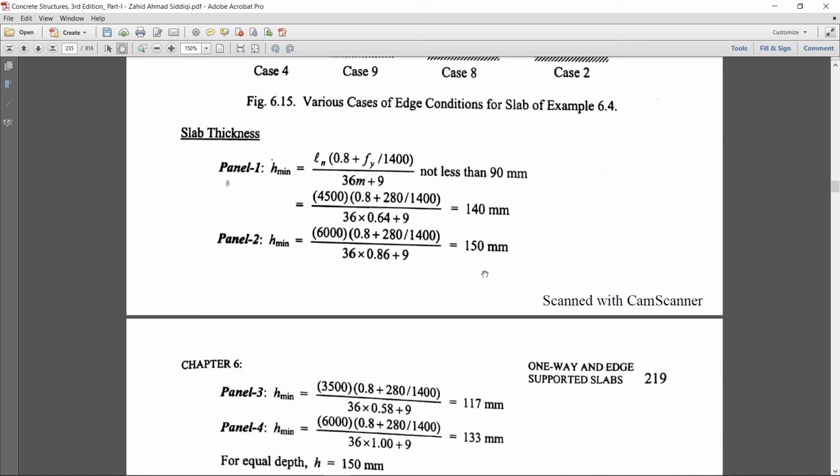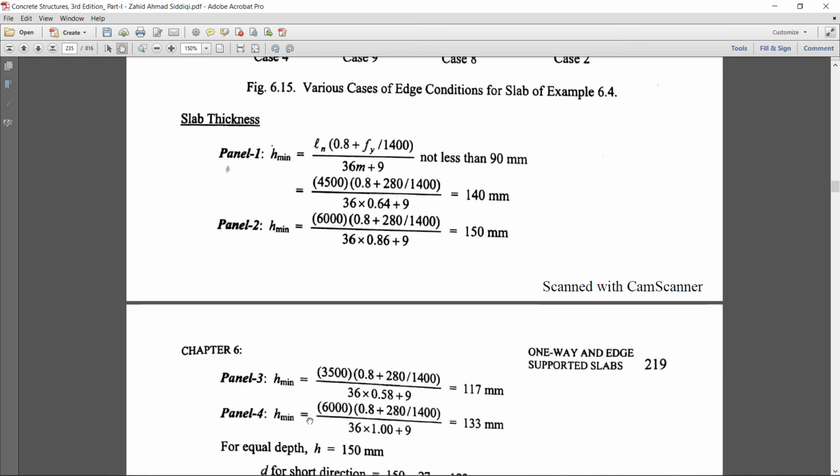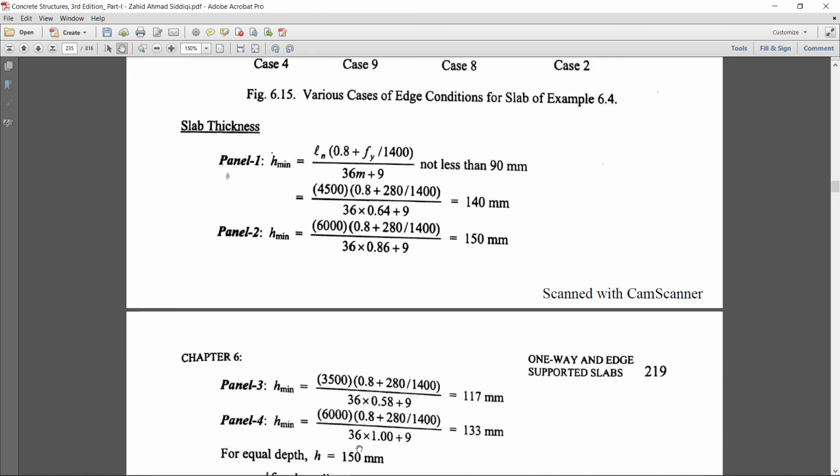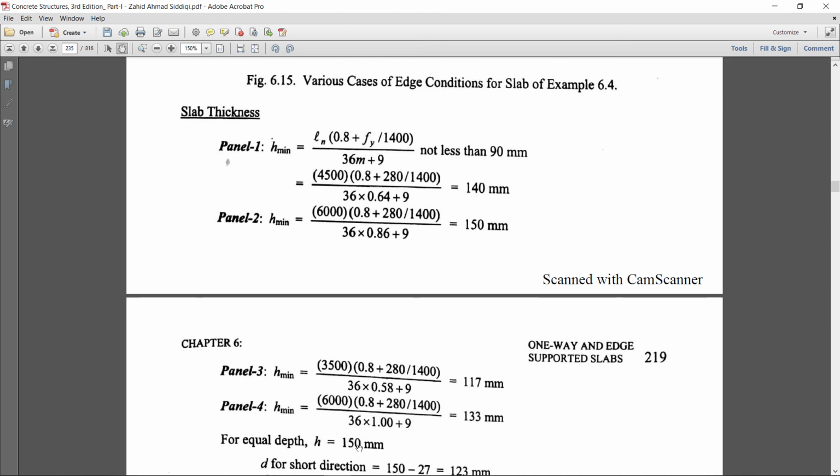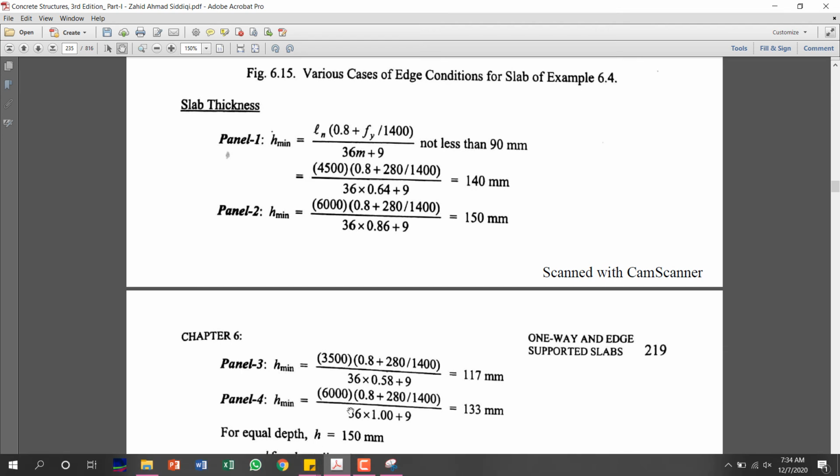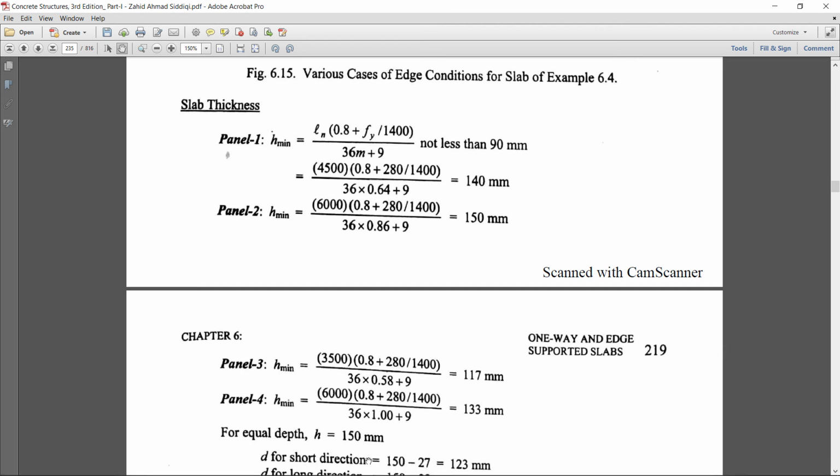So in this example, for equal depth, H of 150 millimeter is provided. Now in this two-way slab, we have to design the moments in the two directions, the shorter and the longer. So d for the short direction is 150 minus 27.